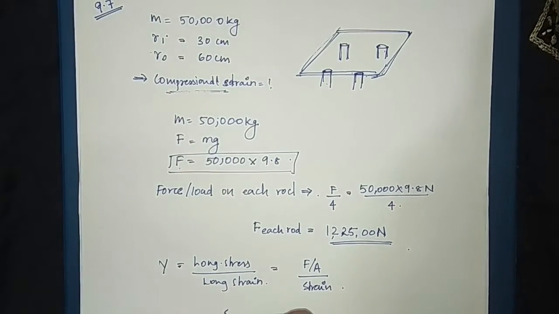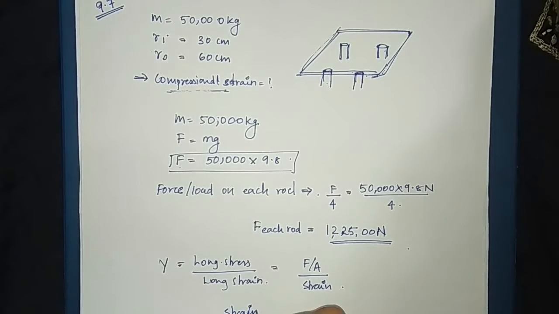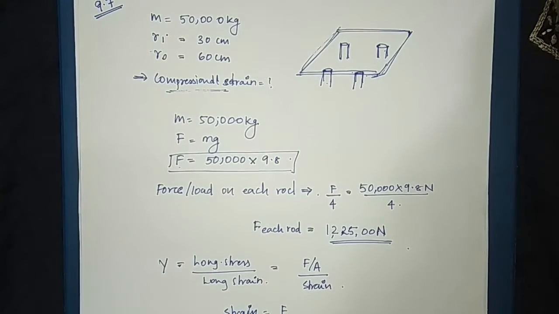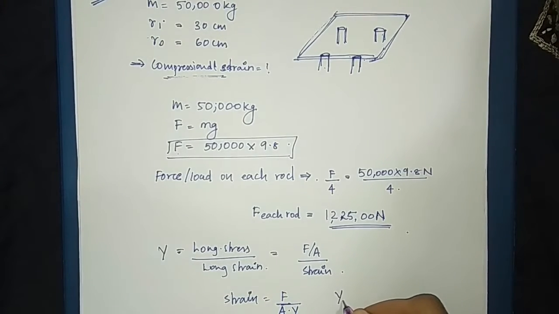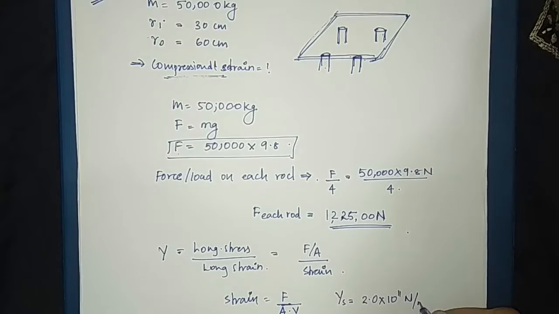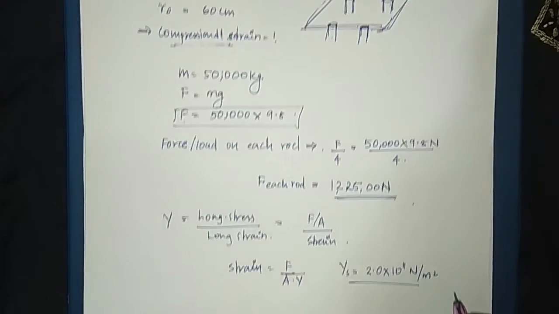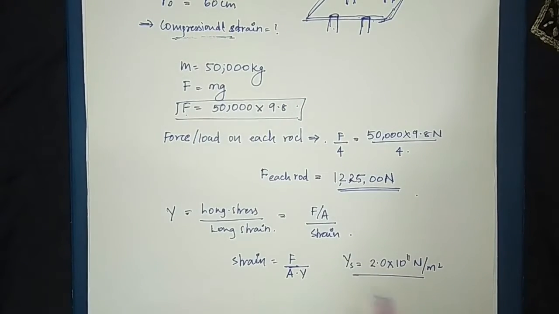So taking strain to the LHS, strain is force upon area into Young's modulus. The Young's modulus of steel is given in the table as 2 into 10 raised to power 11 Newton per meter square.